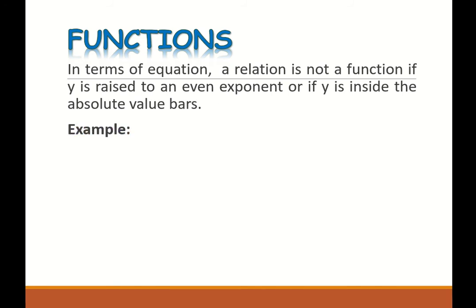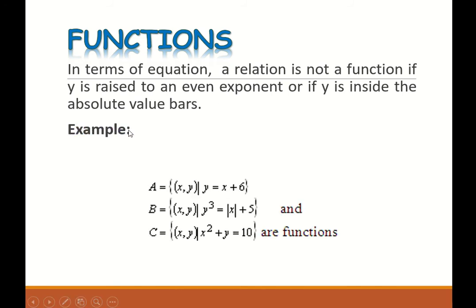Now, for example, if we are given this, this is the set notation of a function. Set A contains ordered pairs of elements x and y such that y equals x plus 6. So this is the first function in set notation.